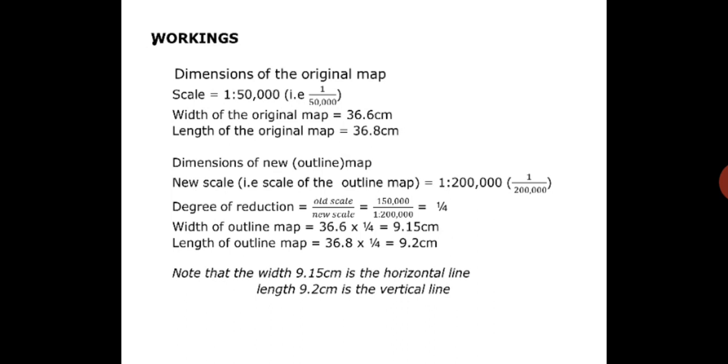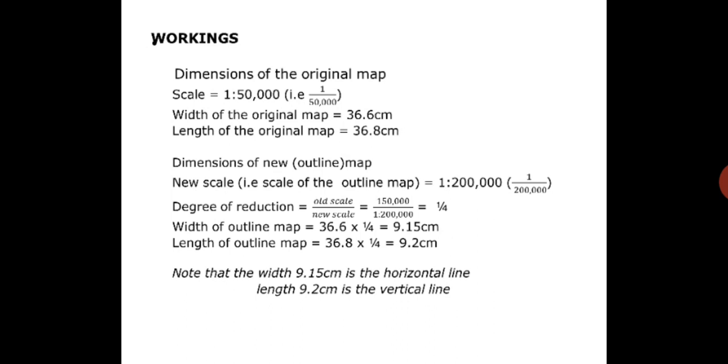You now say width of the outline map is 36.5 times 1/4, length of the outline map 36.8 divided by 4, or times 1/4. Now it gives you 9.15 cm, 9.2 cm respectively.